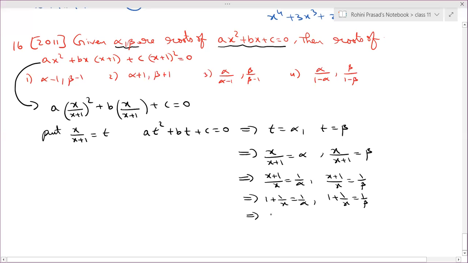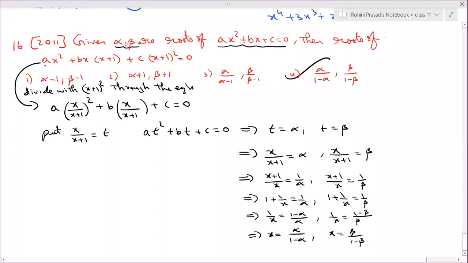So now we are almost there. 1 by x equal to 1 by alpha minus 1. So 1 by alpha minus 1 is 1 minus alpha by alpha. And 1 by x equal to 1 minus beta by beta. So automatically you end up with x equal to alpha by 1 minus alpha and x equal to beta by 1 minus beta, which is nothing but the fourth option.